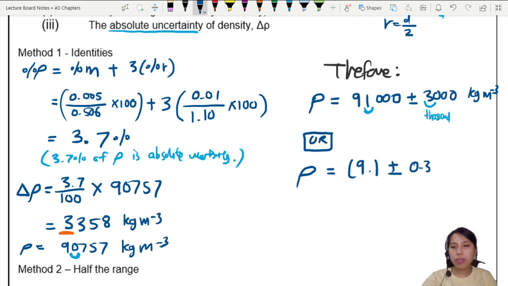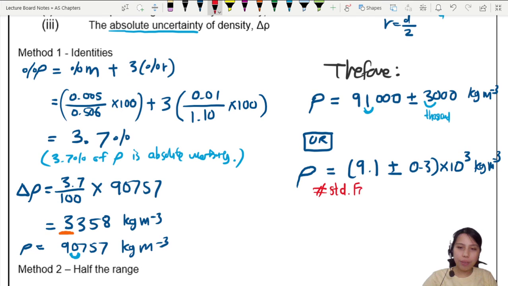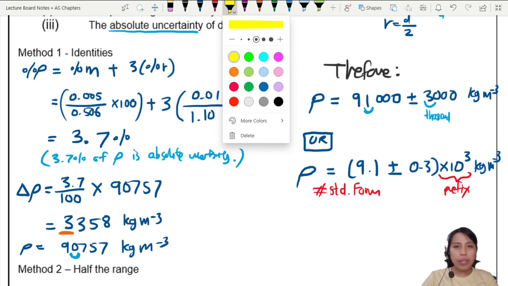This is 0.3 times 10 to the 3 kg per meter cube. I like this. This is called standard form. Nice. Hashtag standard form. So here is where you put the prefix.